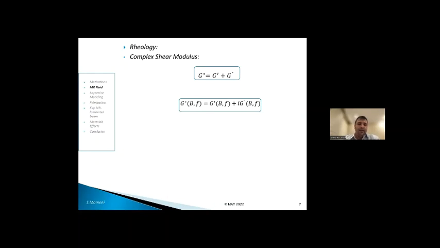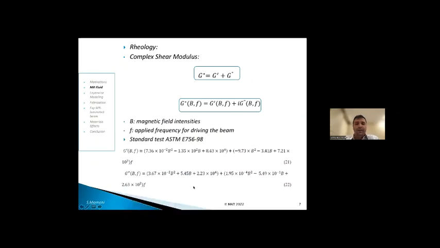Please click it. In order to determine G prime, we need to calculate G prime and G second. Based on the standard test, ASTM E756, we can calculate G prime and G second.